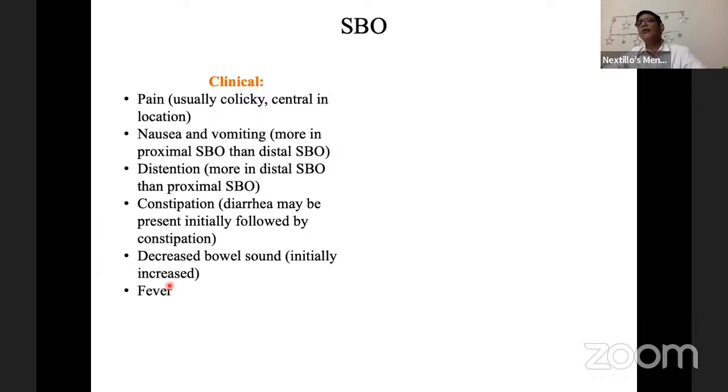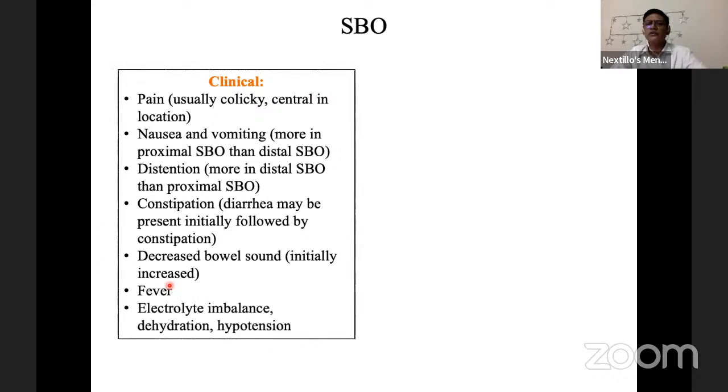The next important complication of the small bowel obstruction is the electrolyte imbalances, dehydration, and ultimately hypotension. Now, for this also, what is actually happening is that the patient is vomiting. When the patient vomits, there is going to be electrolyte loss along with loss of water.